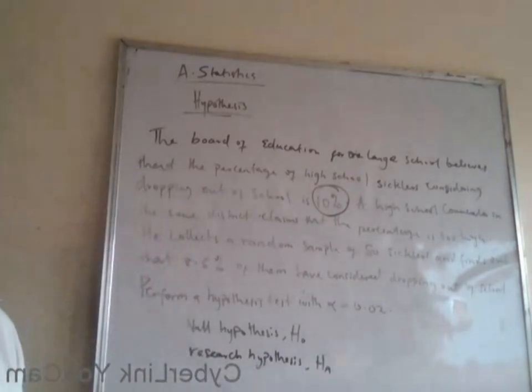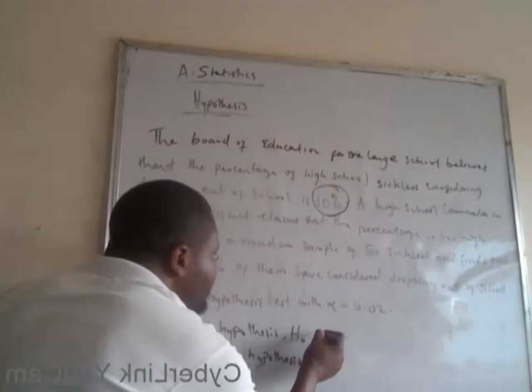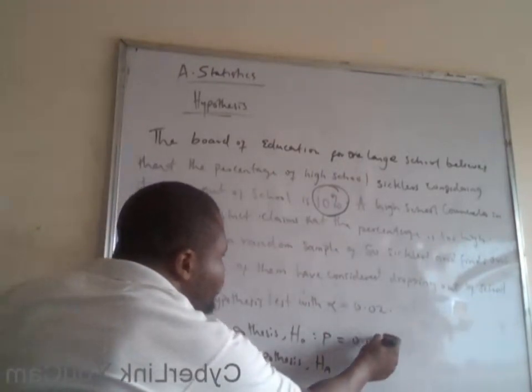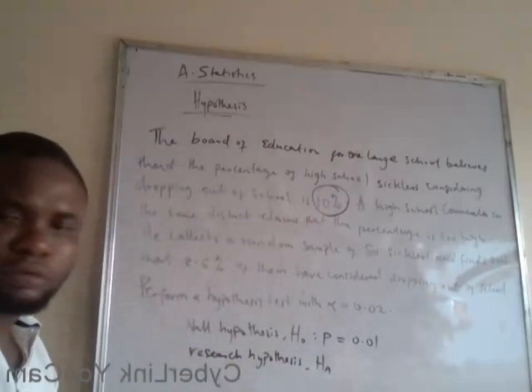our H naught, the true population proportion, is equal to 0.01. That is 10%, 0.01.